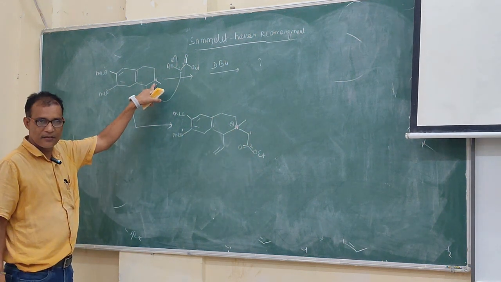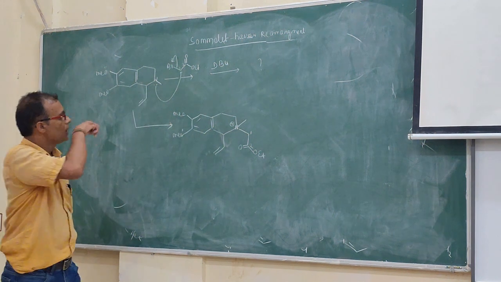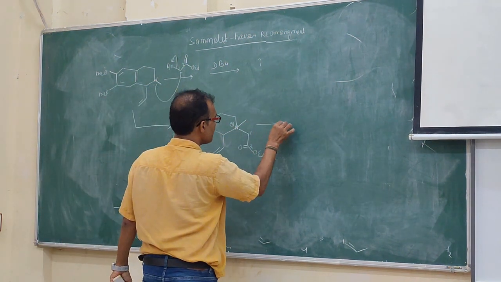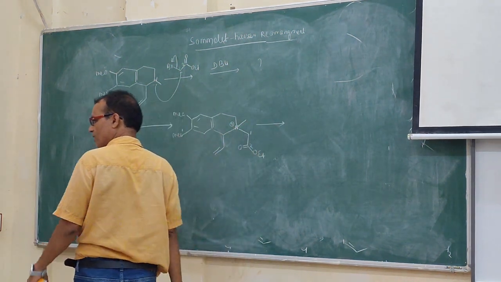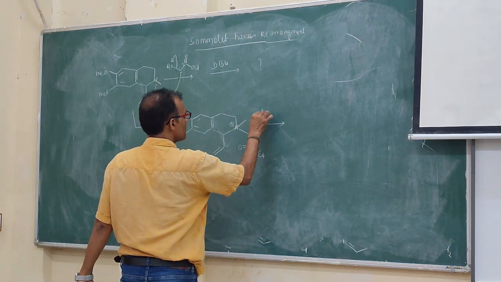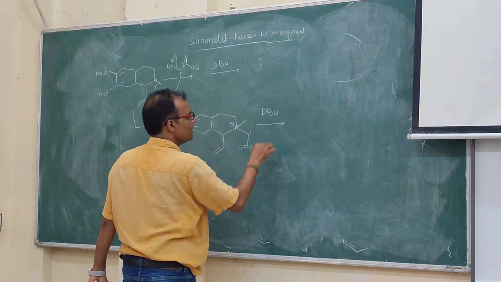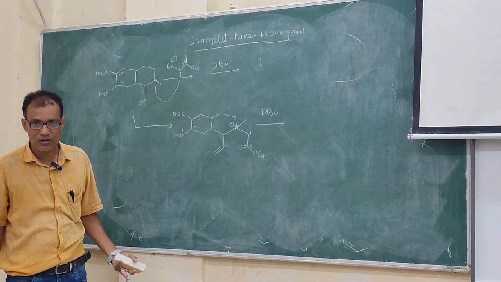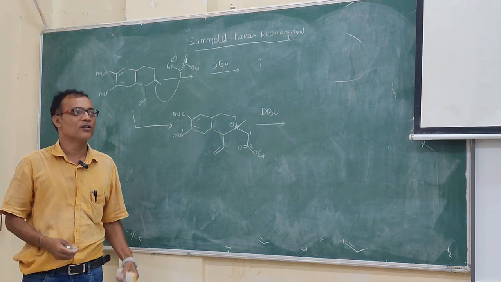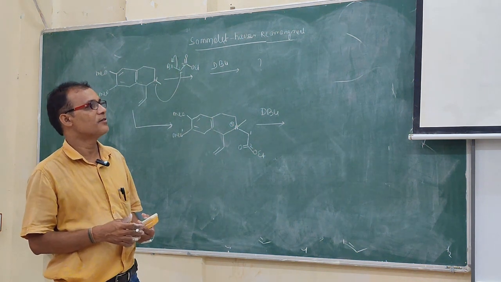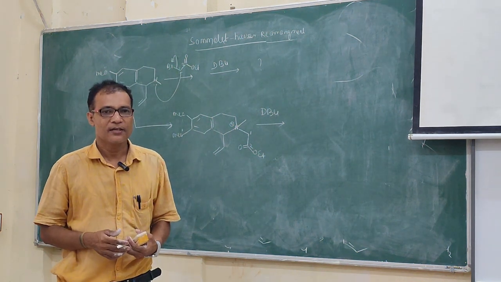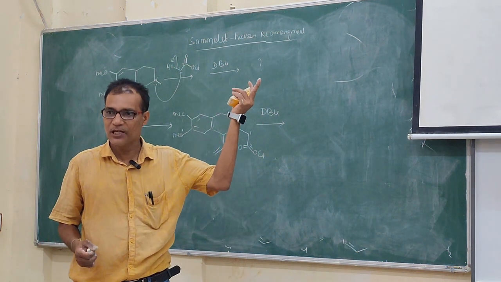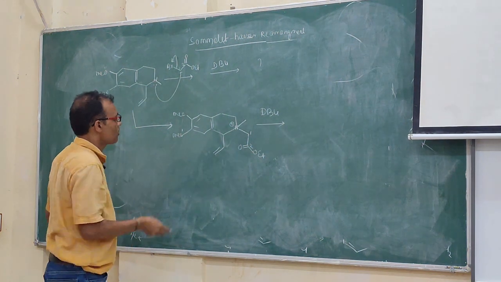Okay. Now you are giving a base. What is this DBU? A non-nucleophilic base. Normally it will take a proton. There also, in the benzyl chloride case, it took a proton from the benzyl position. Where will it take it? So now I will give many options.